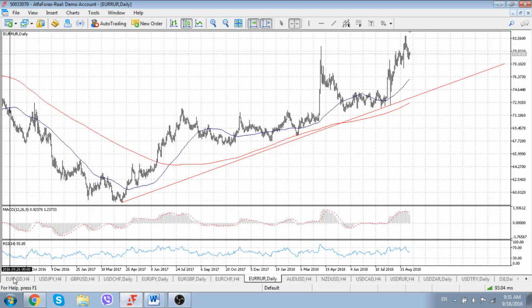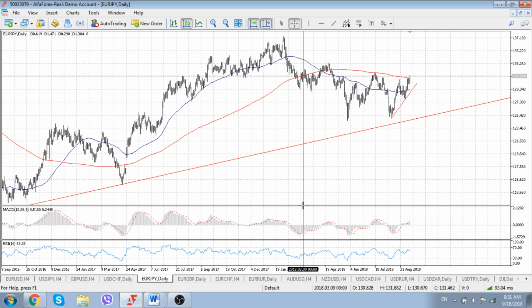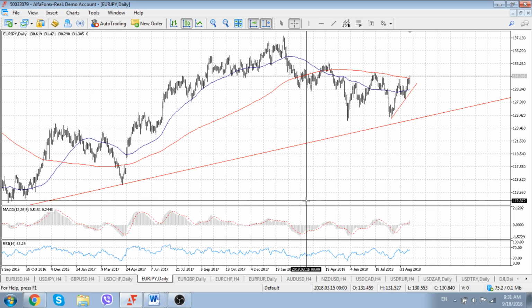And let's see the market of euro yen, and let's try to understand the current situation with the euro yen, both from a technical and from a fundamental point of view. From a fundamental point of view, it's really very interesting that despite recent trading disputes between China and the United States, the euro yen is behaving really very well from the point of view of bullish resolution.